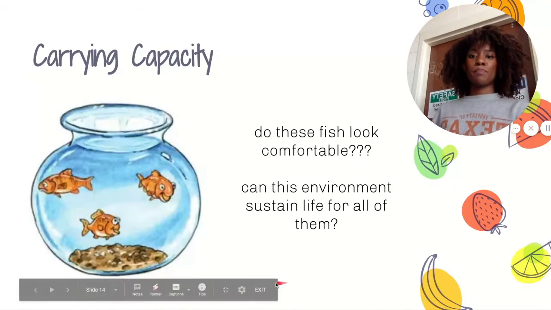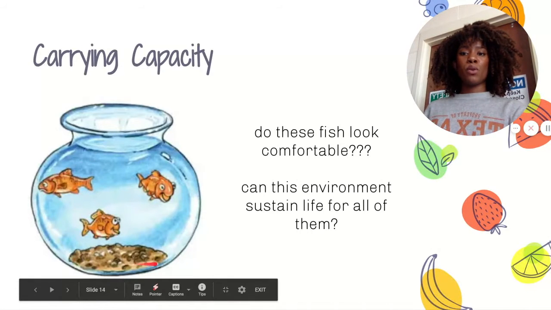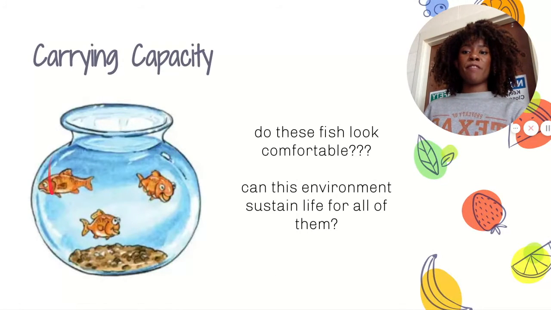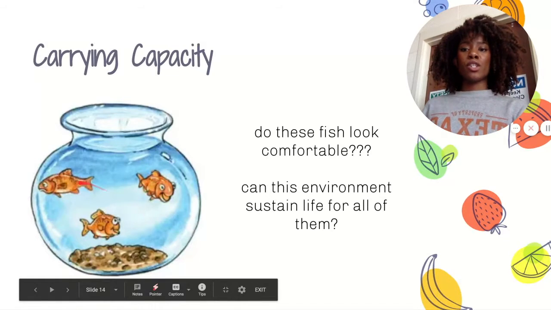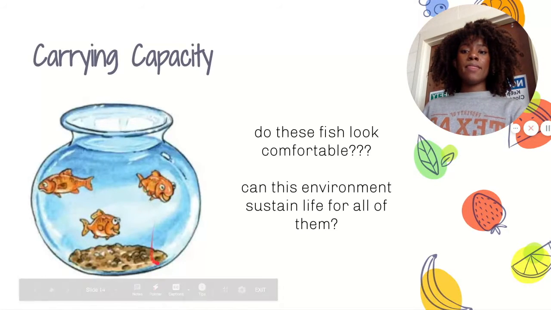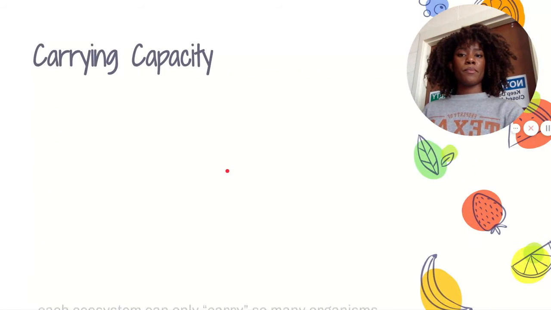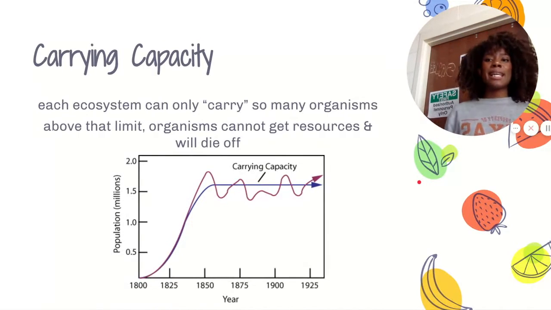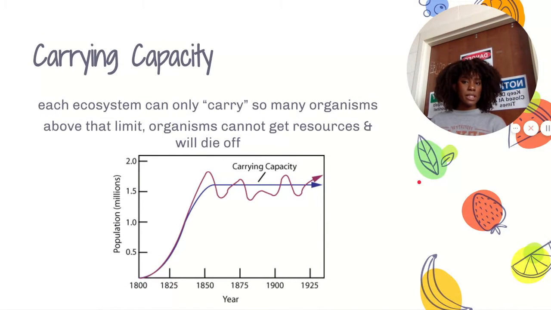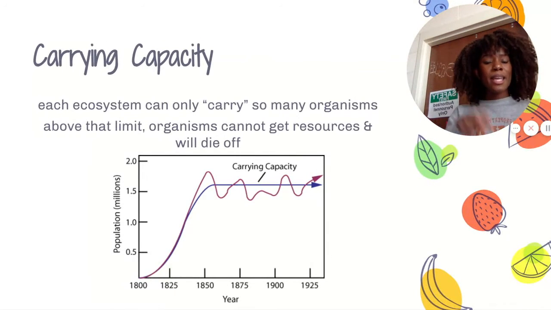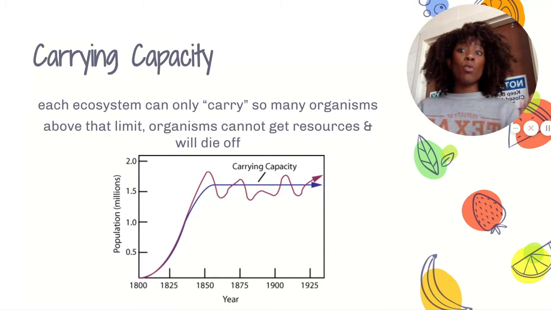How about these fish? Same size fishbowl, right? Same environment. Do these fish look comfortable? Can this environment sustain life for all of them? Right? So there's such a thing as a carrying capacity. Each ecosystem can only provide for so many organisms.